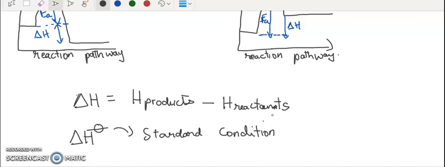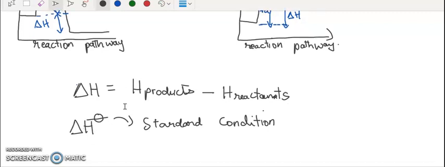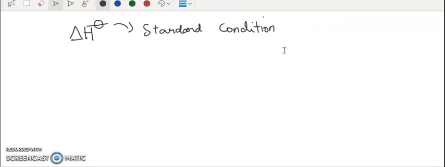Okay, so now that we know what delta H and theta are, let's move on to the different symbols that can come. We have delta HF and we have delta HC. Let's start off with delta HF, in which F stands for formation.